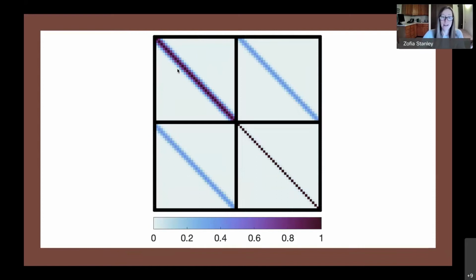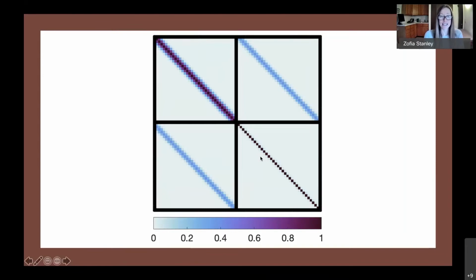For example, in the atmosphere, we might want to use a localization radius that's almost an order of magnitude larger than the localization radius we want to use in the ocean. This schematic shows that difference, where the width of the diagonal here and in this lower right block shows the localization radius. So here we have one component with a much larger localization radius than the other component.